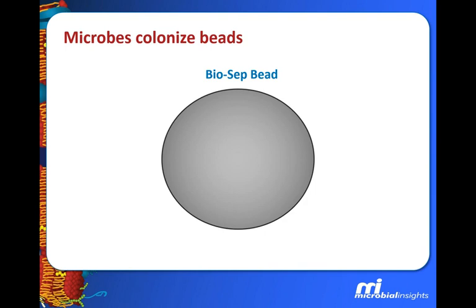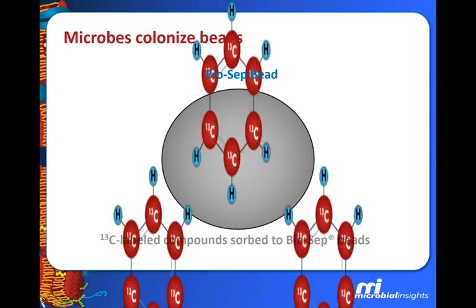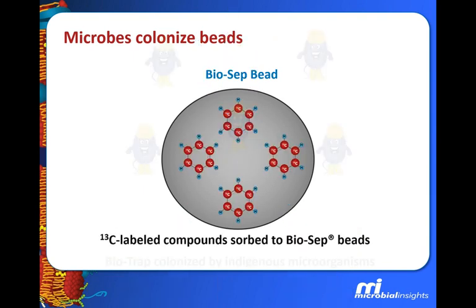Here's a Biosep bead. Remember, the Biosep bead is made up of 75% powdered activated carbon. We're going to load a C13-labeled contaminant, here we're showing benzene again, into the bead. This is done typically in the vapor phase and results in adsorption of the compound on the activated carbon component.